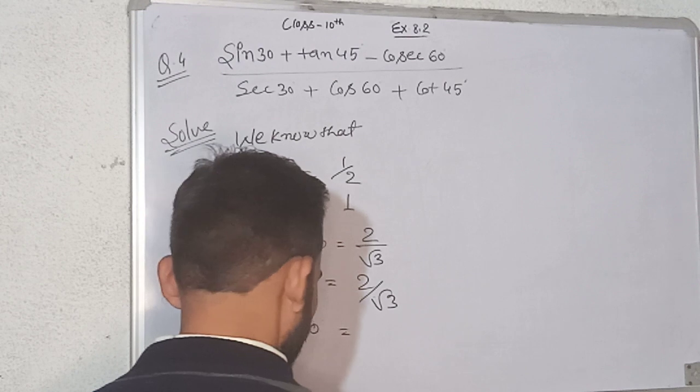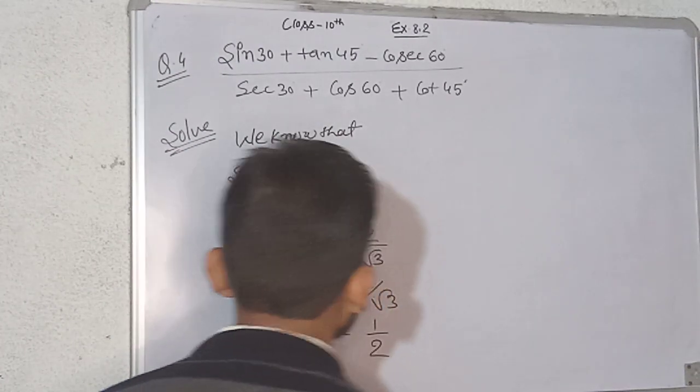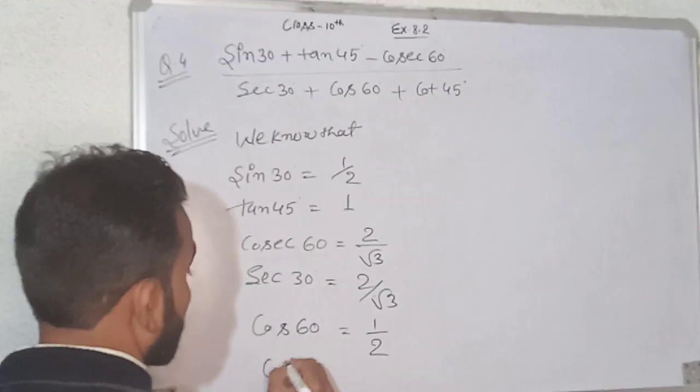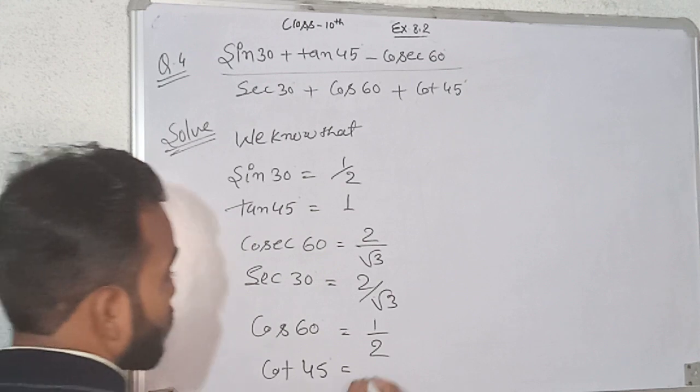Cos 60 degree is equal to 1 by 2 and cot 45 degree is equal to 1.